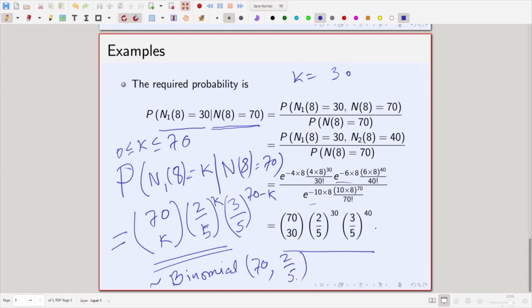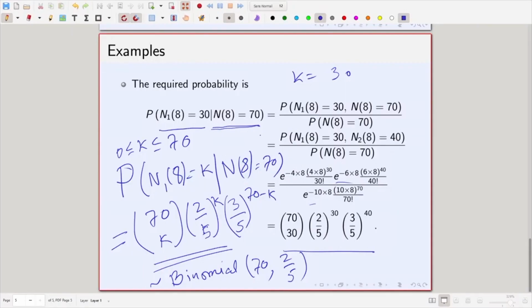Again, it is very intuitive, because 70 customers came to the restaurant yesterday, and you are trying to find out whether each customer is female or not. Female is the success probability. So, among 70 customers, what is the probability that you have 30 successes? That is just the setup of the binomial.